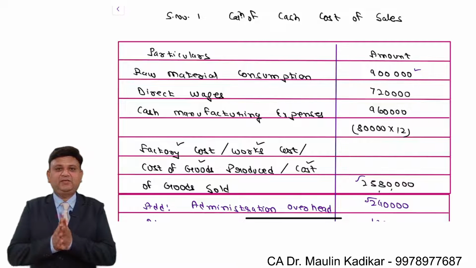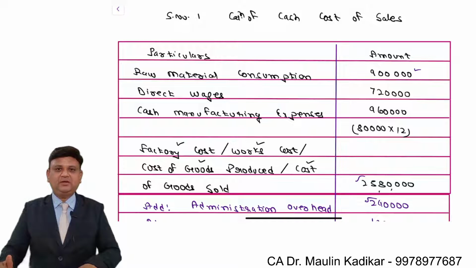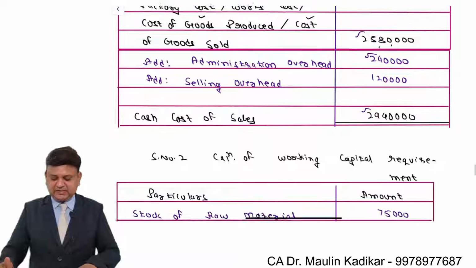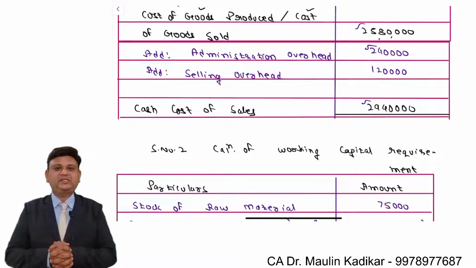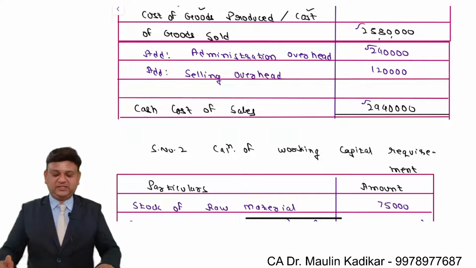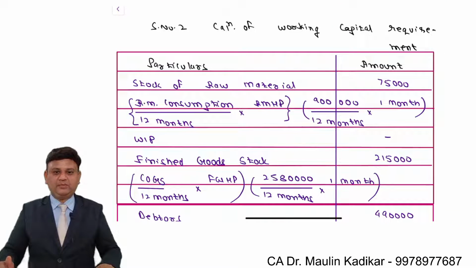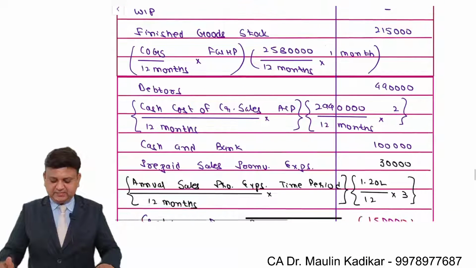Let us have an understanding of the summary of the entire answer. In step number 1, the cash cost of sales is calculated, the way we normally do. Step number 2, working capital requirement. In that, everything is simple.